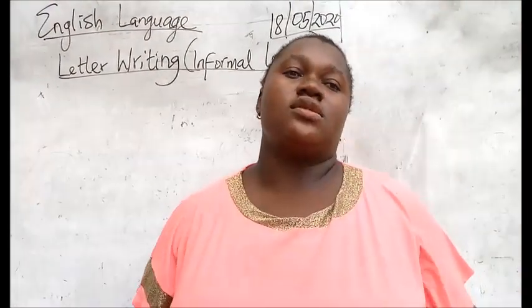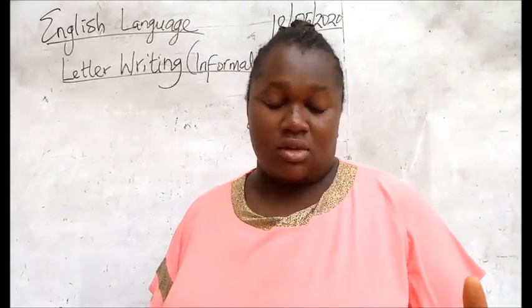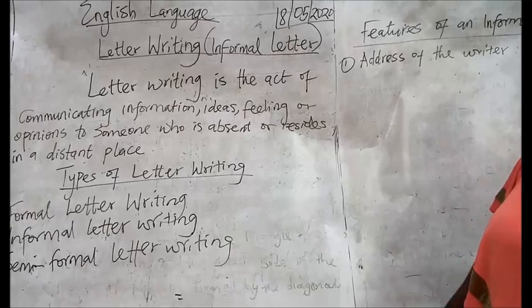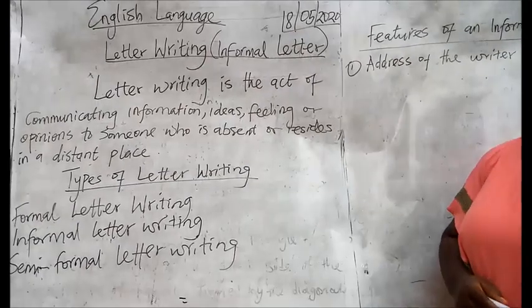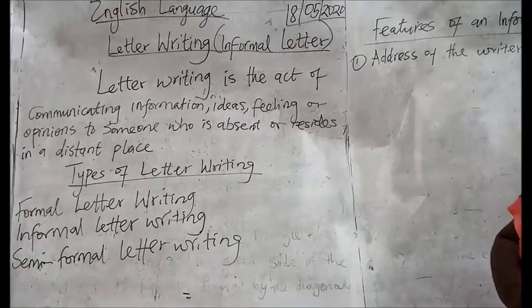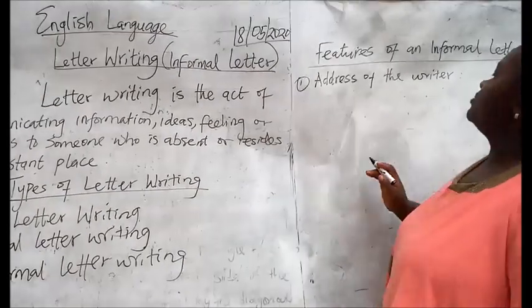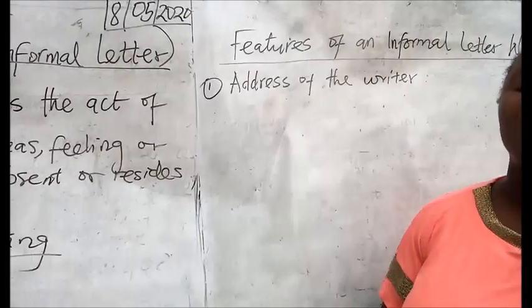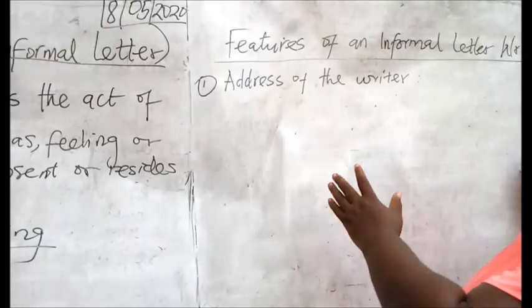Okay, we have features. These features can also be called characteristics. Looking into the features of an informal letter, number 1 feature is the address of the writer. This address of the writer is written at the top right hand side of your paper.